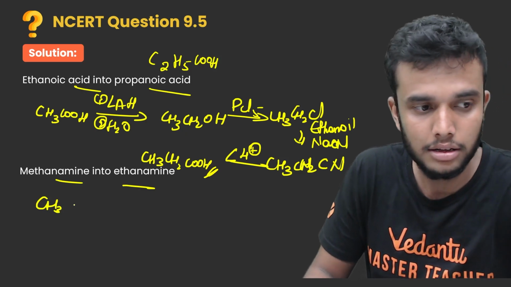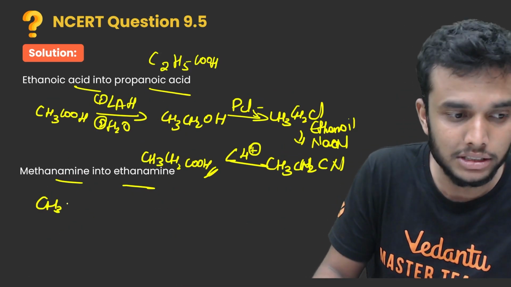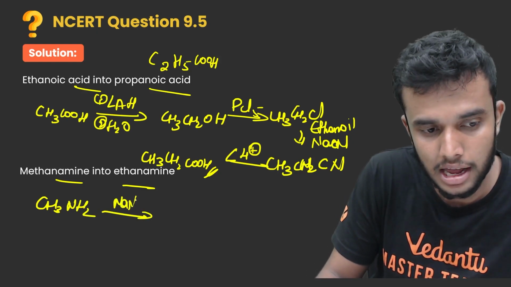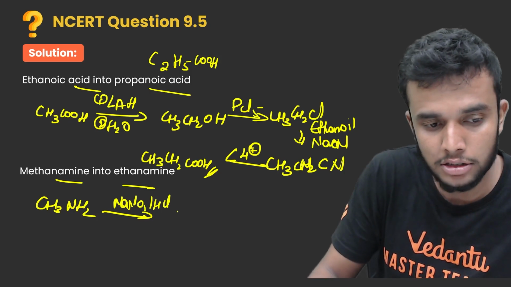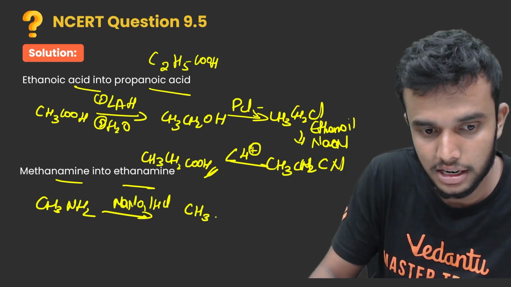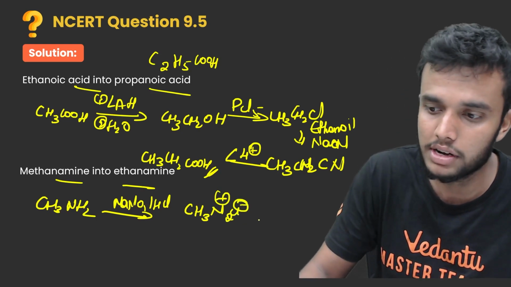Next one, methanamine to ethanamine. It's nothing but the reverse reaction. First step, what is the structure of methanamine? First we need to react it with NaNO2 HCl. It yields an unstable diazo compound, CH3N2+ Cl-.